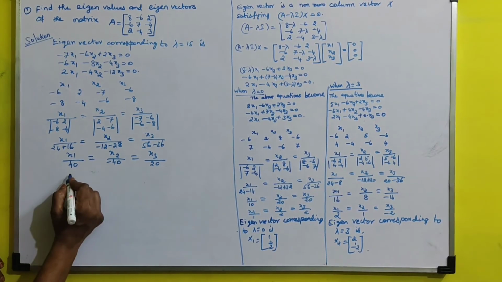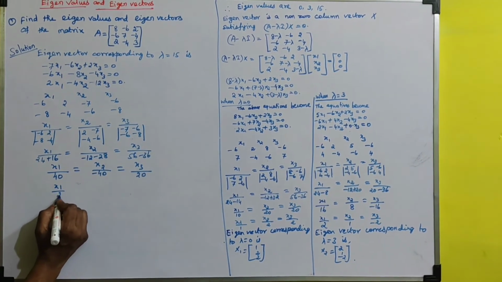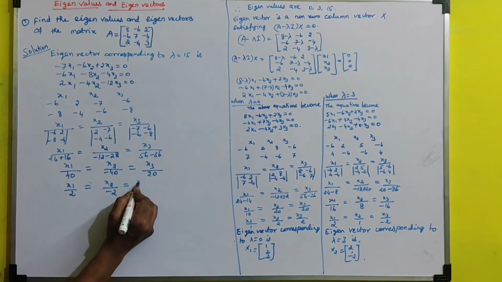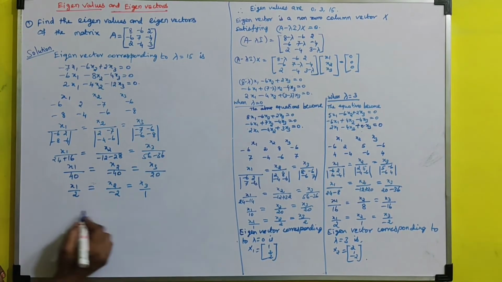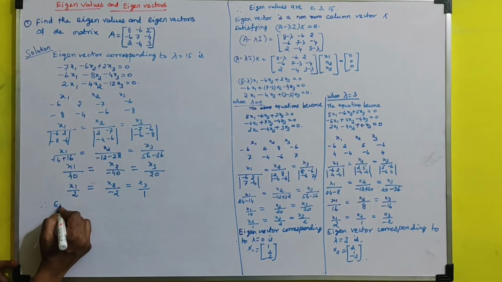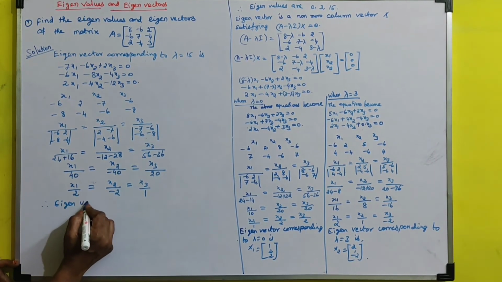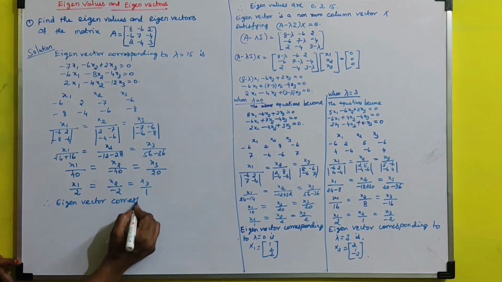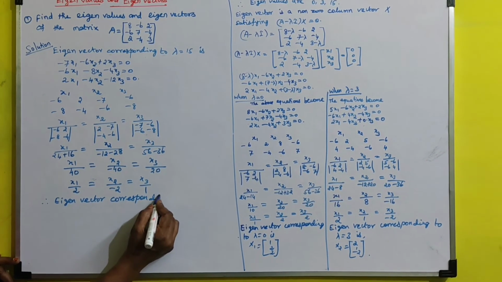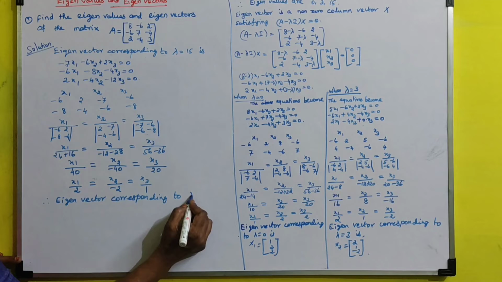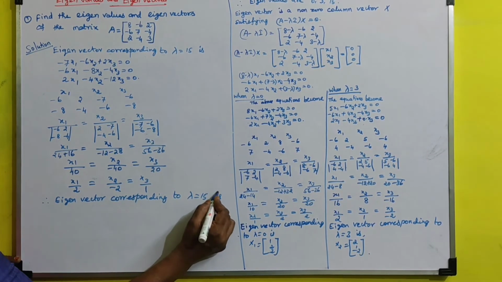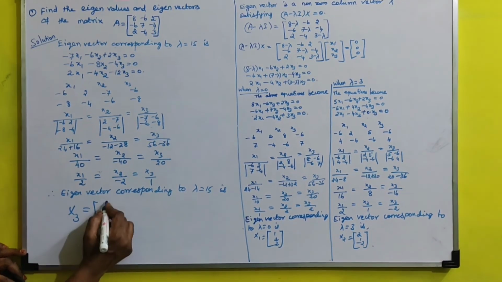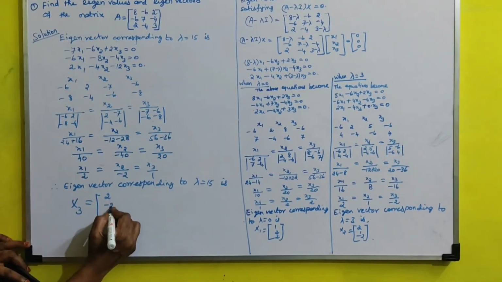Cancelling by 20, we will have x1 by 2 equal to x2 by minus 2 equal to x3 by 1. Therefore, the eigenvector corresponding to lambda equal to 15 is taken as X3 equal to (2, minus 2, 1).